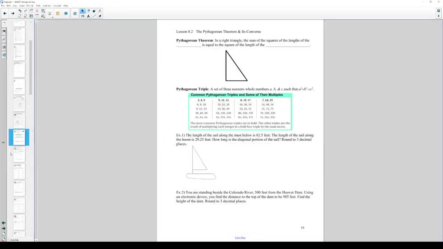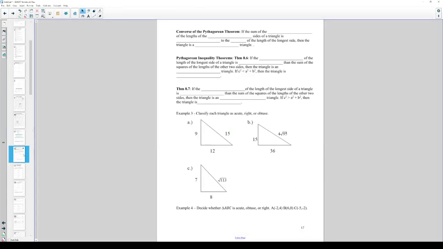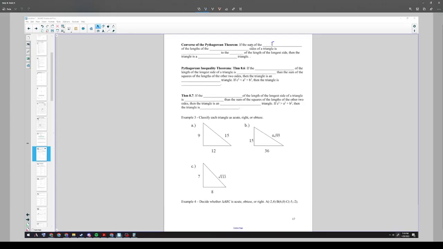Okay, so that's our Pythagorean theorem and how we use it. The converse is basically going from the sides to determine that we have a right triangle. So if the sum of the squares, I need to make a picture. If the sum of the squares of the lengths of the legs, sides of a triangle?